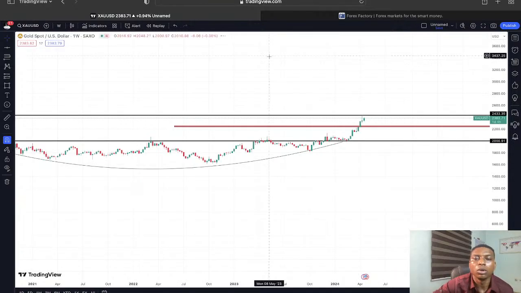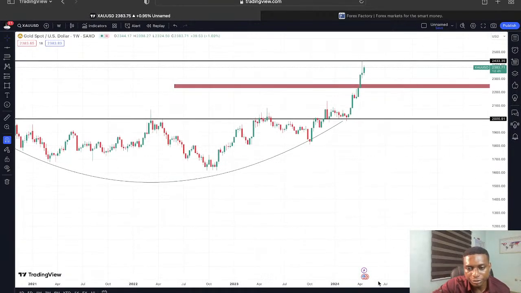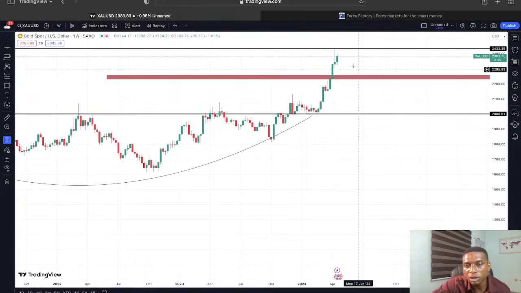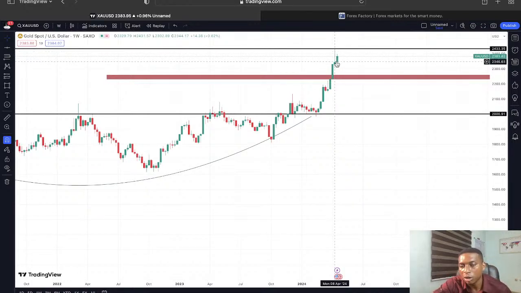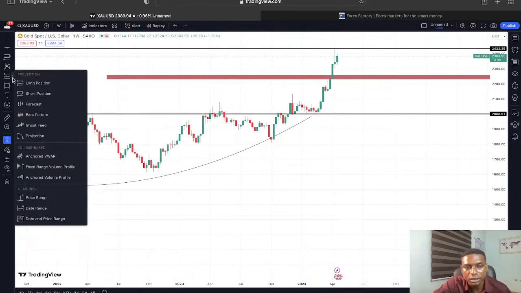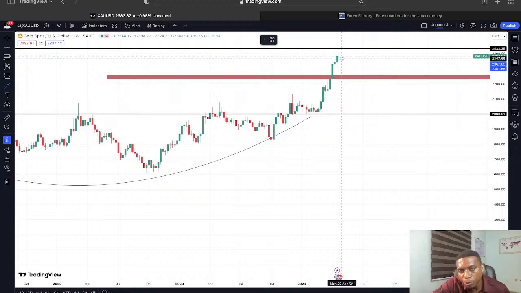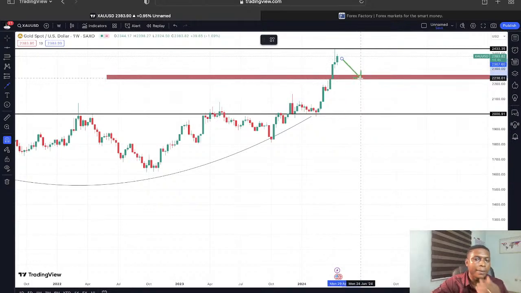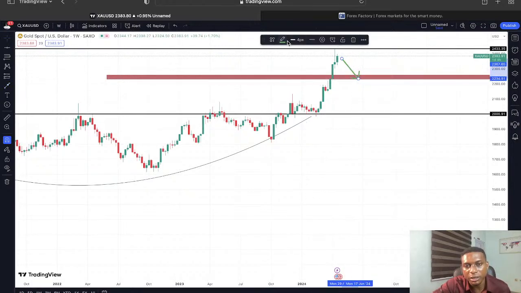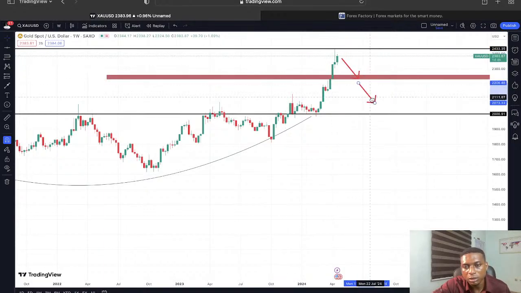Let's look at it in the weekly time frame. Last week I talked about gold pushing back, and we can see that last week there was a pushback on gold. Now this pushback is not yet over. We might see a pushback down here, and another one down here.